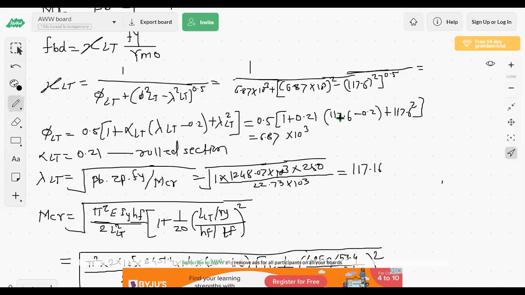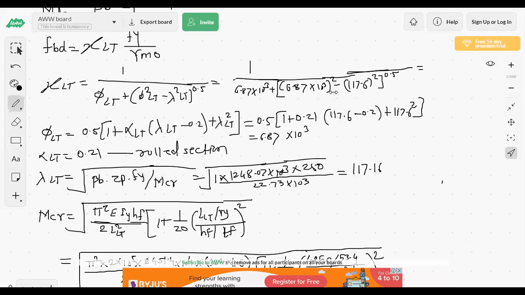Who has done this calculation? 7.27 into 10 raised to minus 5.